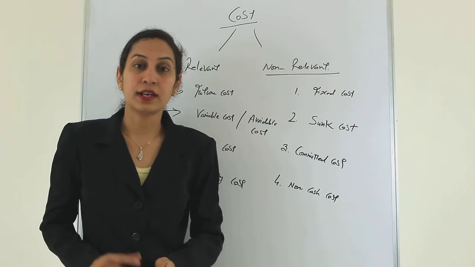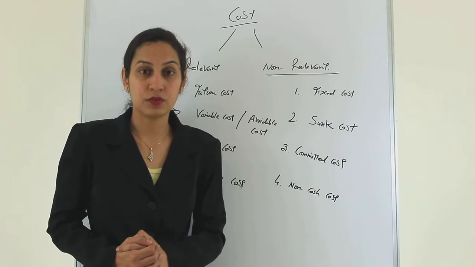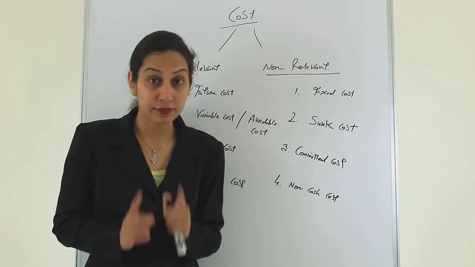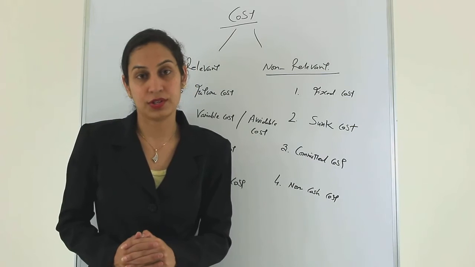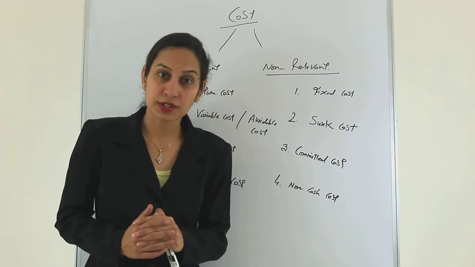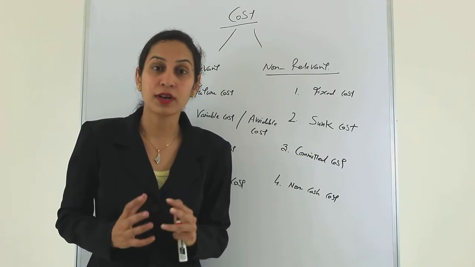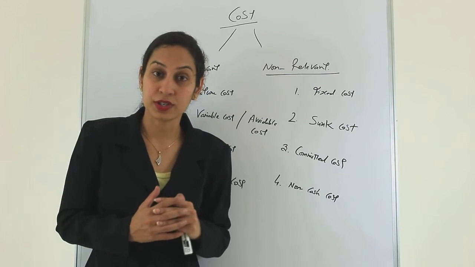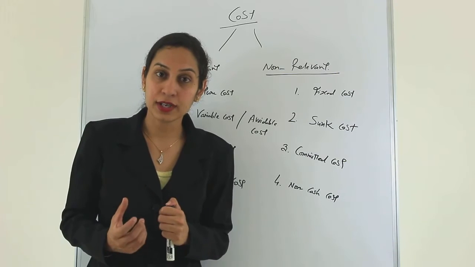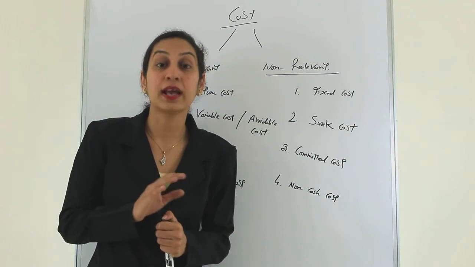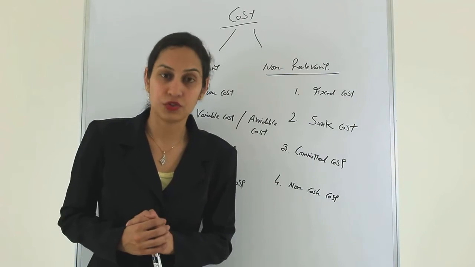Please understand that while taking decision, we only consider relevant cost and we ignore all kind of non-relevant cost. I would suggest that candidate need to have broad understanding of cost which are relevant, cost which are not relevant, so that you can identify those non-relevant costs and can ignore for your decision making.